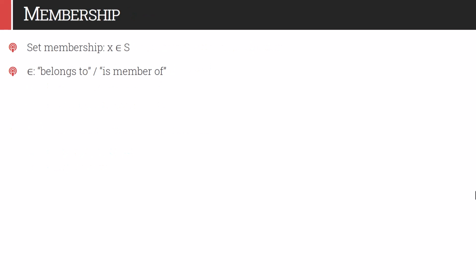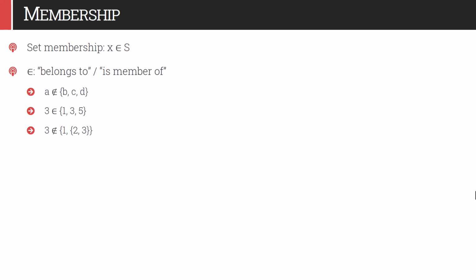The membership of an element is denoted by the belongs-to sign. We can also read it as belongs to or is a member of. So if an element is present in the set, then we say that the element is a member of the set or that the element belongs to the set. In this particular case, A does not belong to the set {B, C, D}. In this case, 3 belongs to {1, 3, 5} because 3 is present.